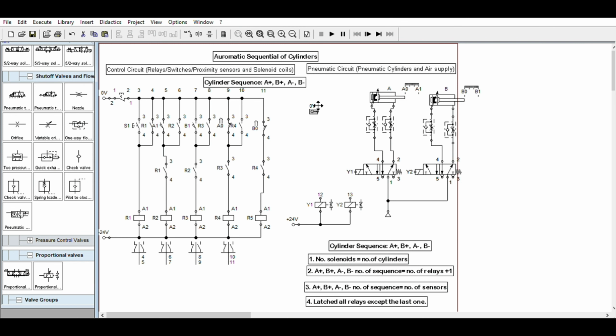And we can solve now the power circuit. You can add here. What causes this to turn on? A plus, B plus, B minus, B minus. Here. Okay. B plus, A plus, A minus, A minus.